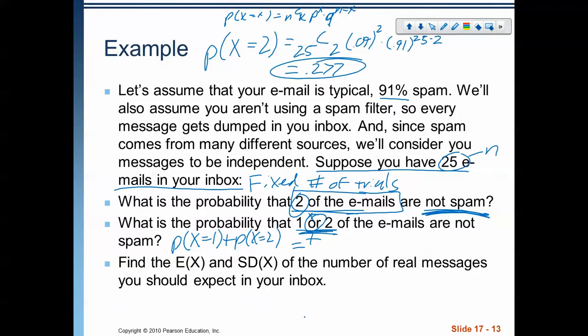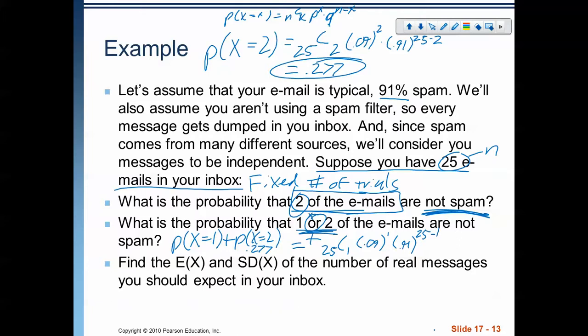So I'm going to use this formula for the 1 and this formula for the 2, and I'm going to add them together. We actually already know this one though, don't we? We figured that out in the previous problem, so that's actually 0.277. So we'll be able to just add that up. What we really need to do then is just P of x equals 1. So let's use the formula again. 25 choose 1. Probability of success is the same thing, except this time it's to the first power. And that's times 0.91 to the 25 minus 1 power.